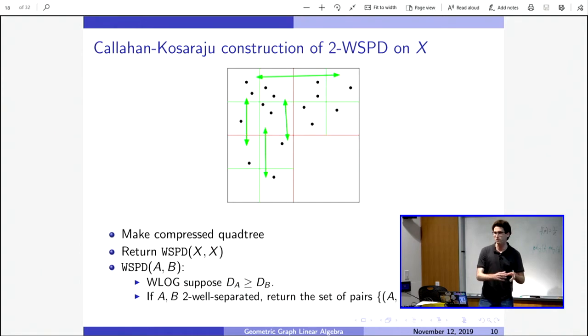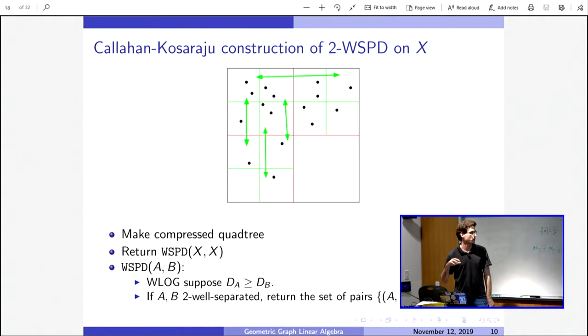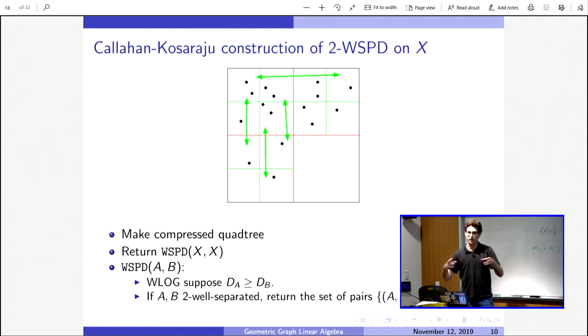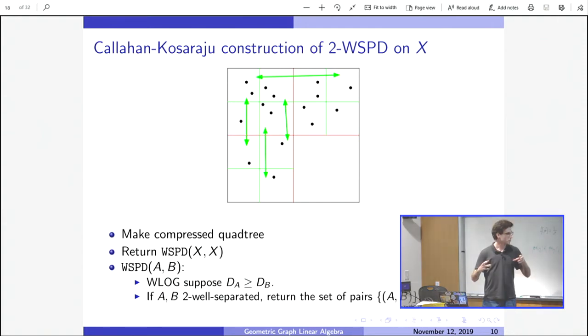Given this quad tree, we'll now construct the well-separated pairs decomposition, and we'll use recursion to do it. Specifically, given two sets A and B, we construct a well-separated pairs decomposition on them as follows.